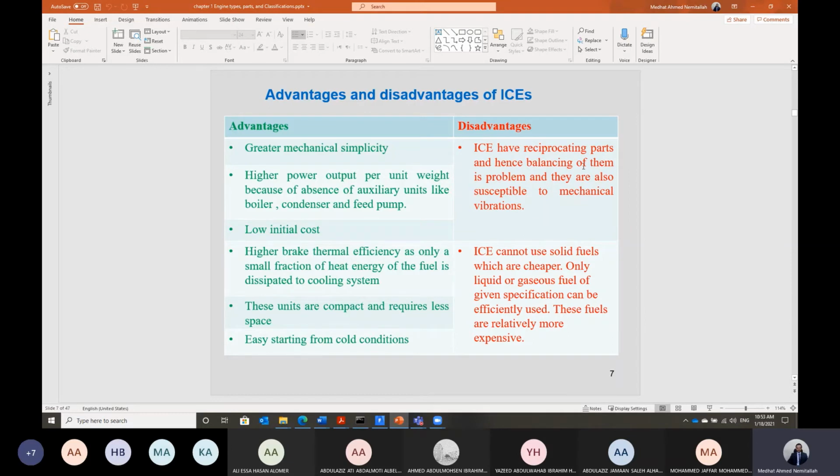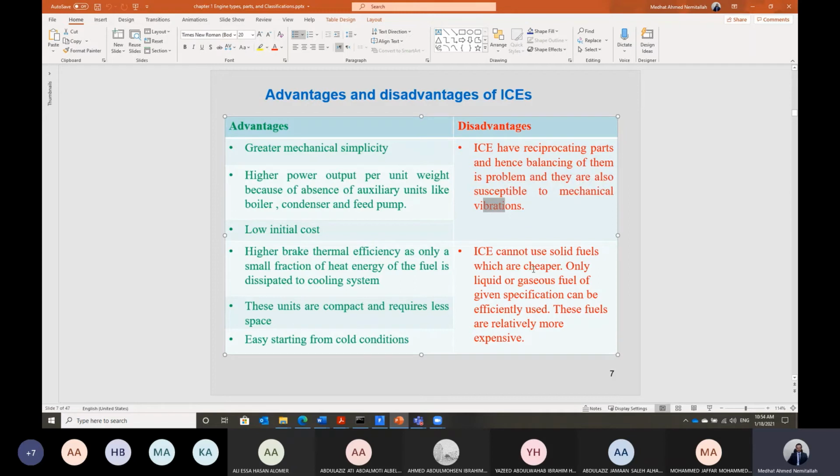A steam turbine in a steam power plant can take up to two to three days to start. But the main disadvantage of the internal combustion engine is that it has reciprocating parts, and the piston is reciprocating, which is a source of vibration within the engine. So usually it has vibration, and we should be able to dampen those vibrations.